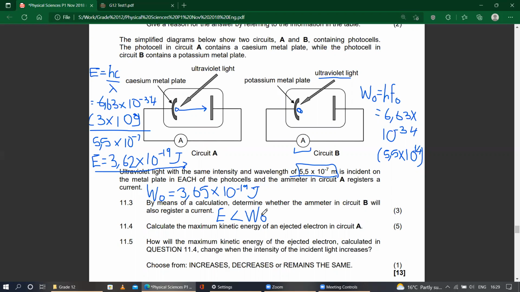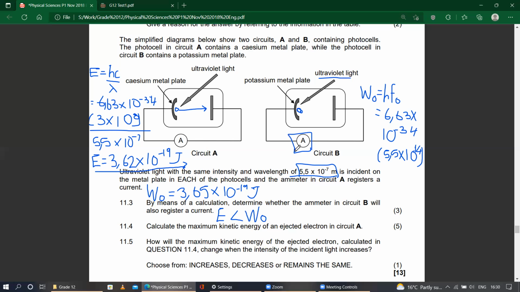So that means that this ammeter in circuit B will not register any current. I think just let that marinate. And is there a question for this?